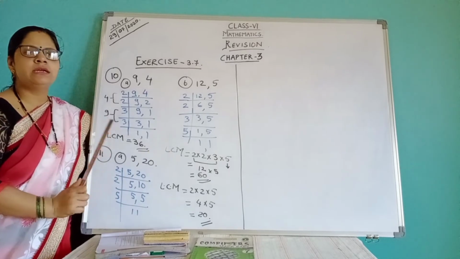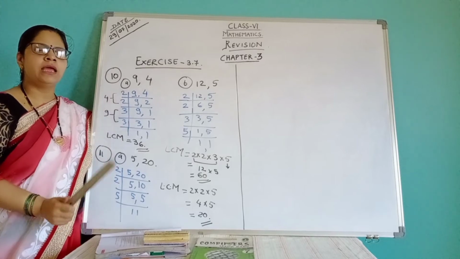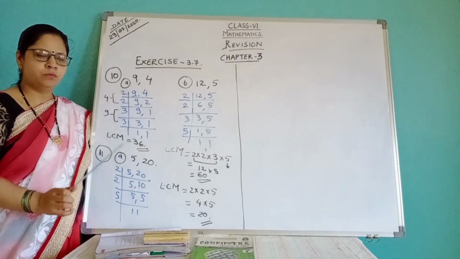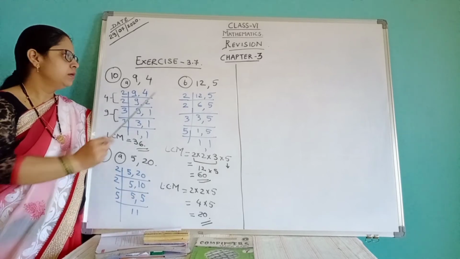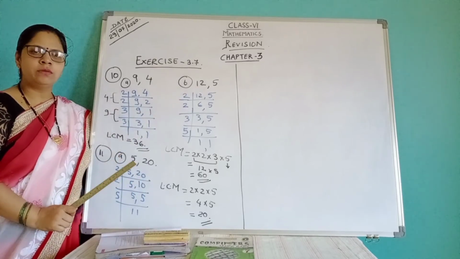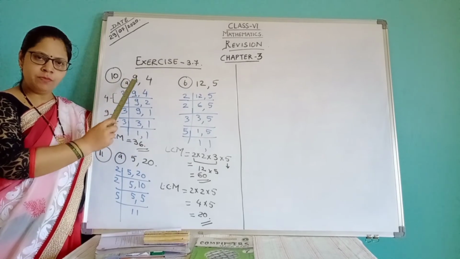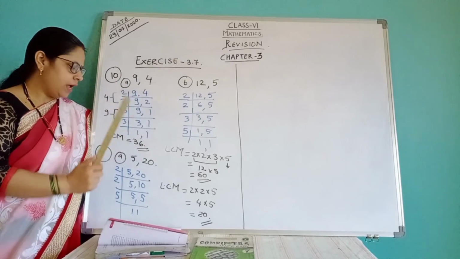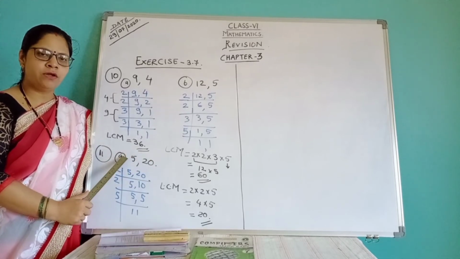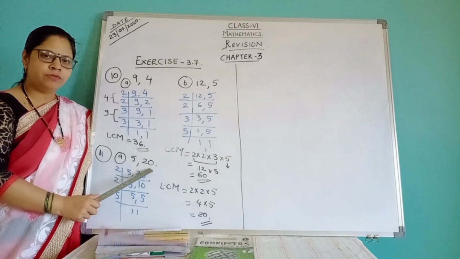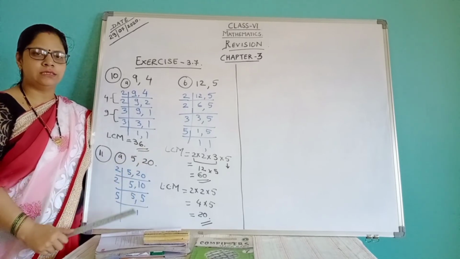Now listen, what is the difference? 9 and 4 do not come in the same number table, and 12 and 5 also do not come in the same number table. So the multiplication will be the answer of LCM. And 5 and 20 come in the same table, the table of 5. So the greatest of 5 and 20, which is 20, will be the LCM.